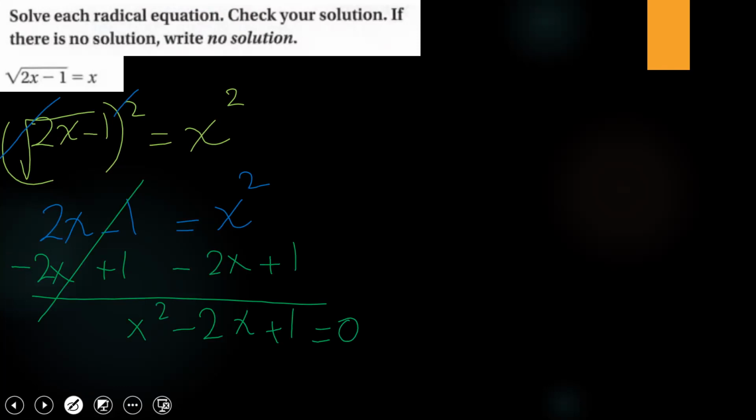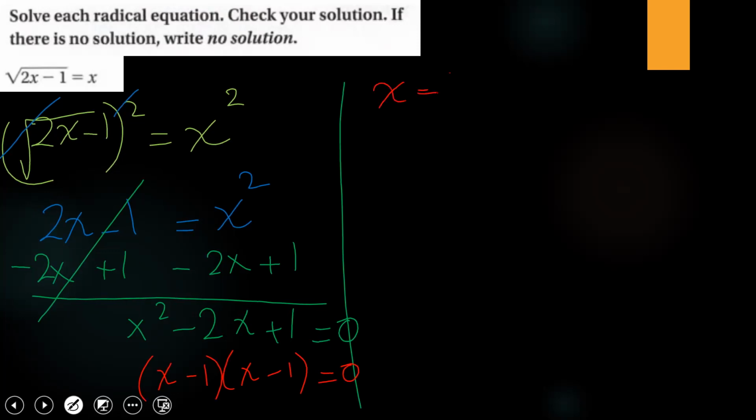Now is it a linear or a quadratic equation? It's quadratic. So I want to factorize it into x minus 1 times x minus 1 equals 0. So what is the solution? x equals 1.